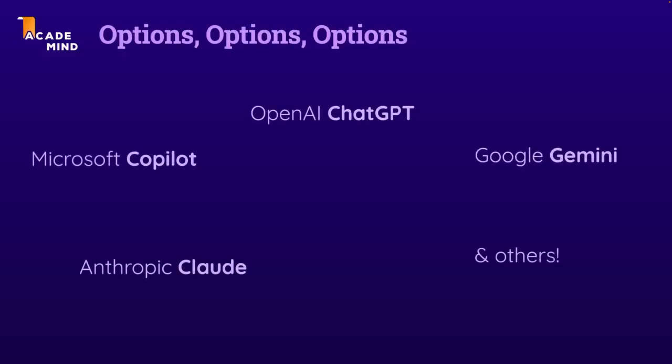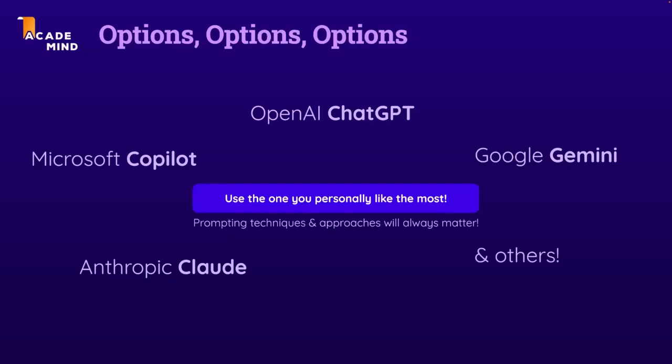But the main takeaway simply is that you have different options and that it is of course up to you which AI chatbot you like the most or you want to use. In this course, we'll focus on ChatGPT, but of course the prompting techniques you'll learn and all the tips and tricks we'll share here will apply not just to ChatGPT, but actually to all these AI chatbots. Because in the end, it is always about getting these AI chatbots to do what you want them to do.